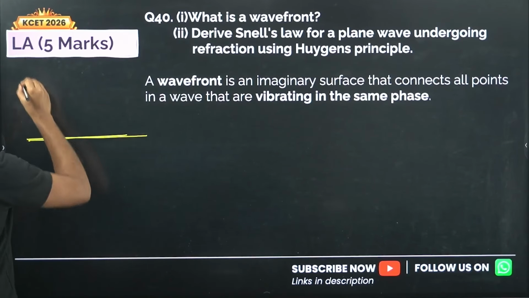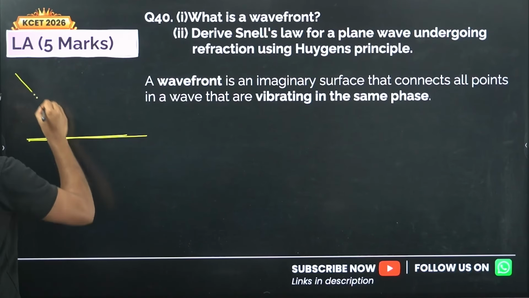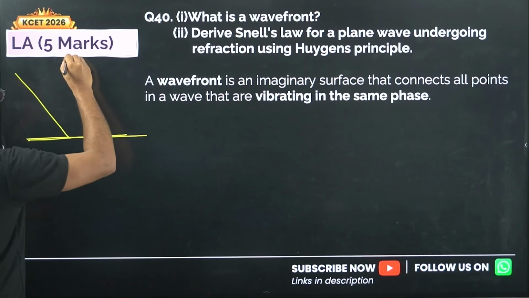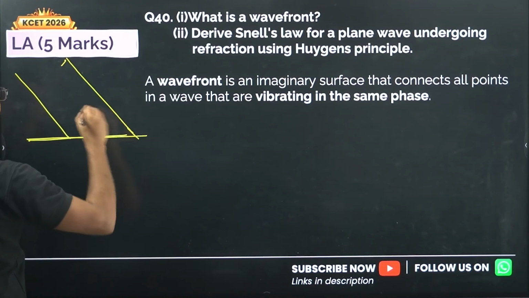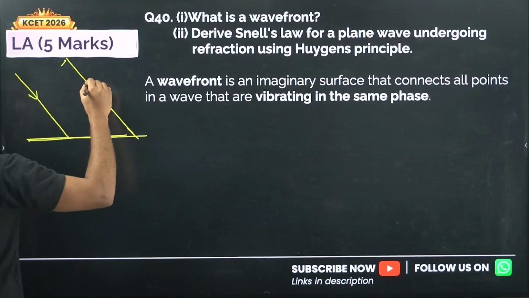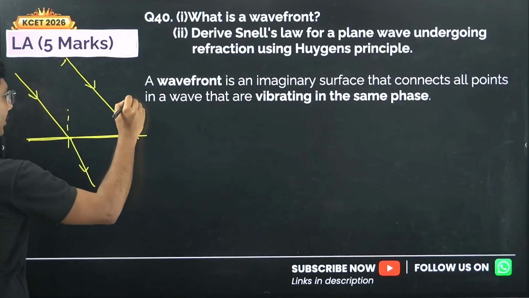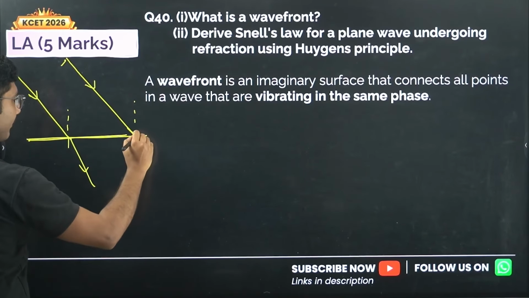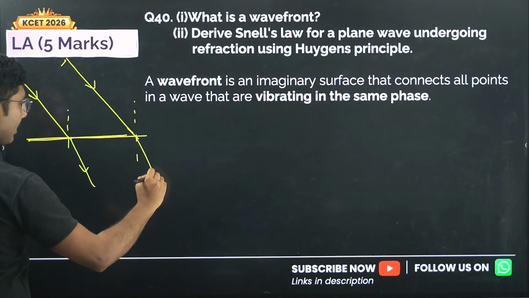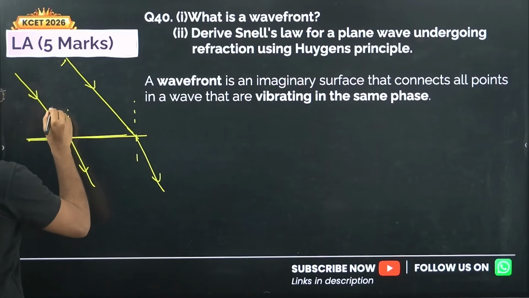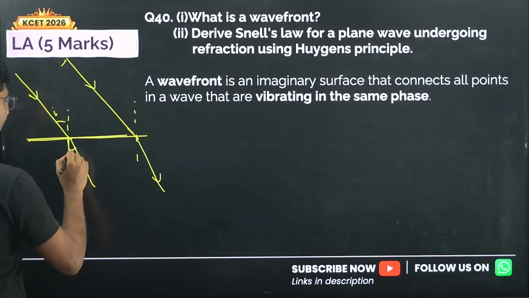One medium is this, another medium is this. Light ray is traveling like this. This is ray number 1, this is ray number 2. After entering the second medium, they all bend, and because they are initially parallel, after refraction also they will be parallel. So if this angle is the incident angle, this angle is the refracted angle.